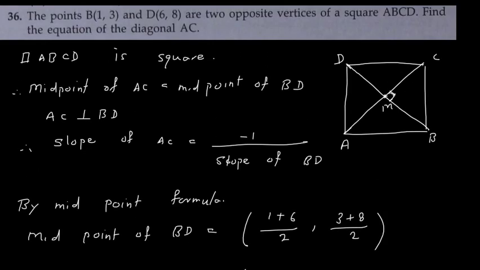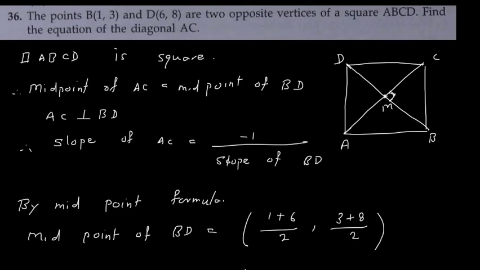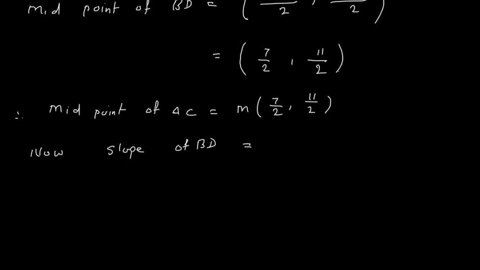Now second, I will find the slope of BD. Slope of BD is y2 minus y1, that is 8 minus 3, upon 6 minus 1.